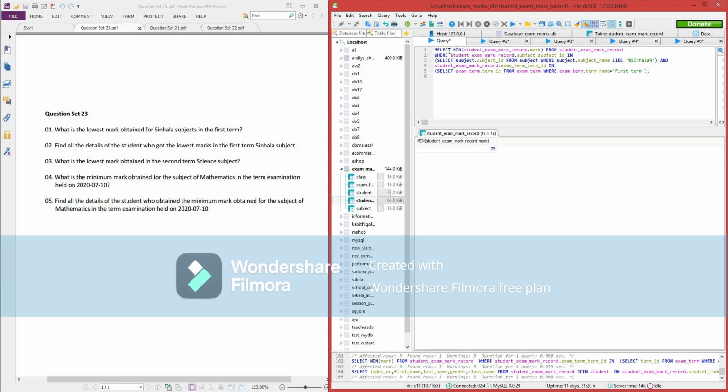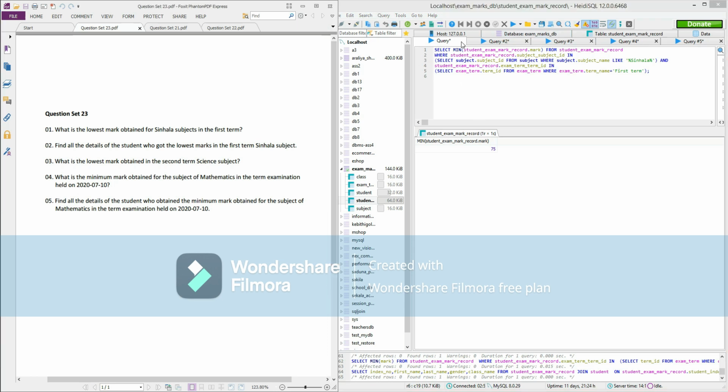Here I've given select min from the mark attribute in the student exam mark record table where I've specified the subject ID in and I've given a subquery to get the subject ID from the subject table where the subject name is like Sinhala, and I've also specified the exam term ID and I've given a subquery to the exam term table to get the term ID where the exam term name is equal to first term.